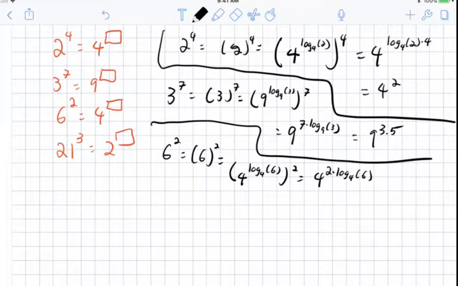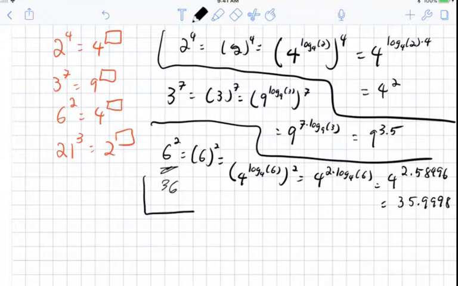So this is equal to 4 to the power 2.58496. Incidentally, that number is 36. Let's see what this number is. 4 to the power 2.58496 is equal to 35.9998. Alright, good. Yeah, that's pretty much the same number.